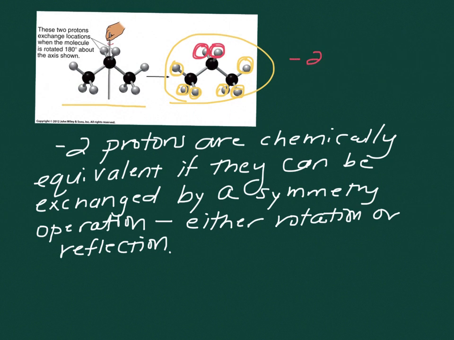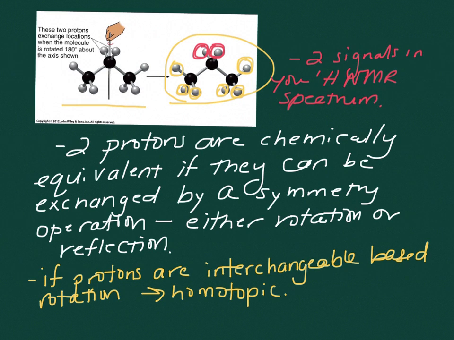So you would have 2 signals in your proton spectrum. If protons are interchangeable based upon rotation, they are said to be homotopic. Homotopic protons are chemically equivalent.